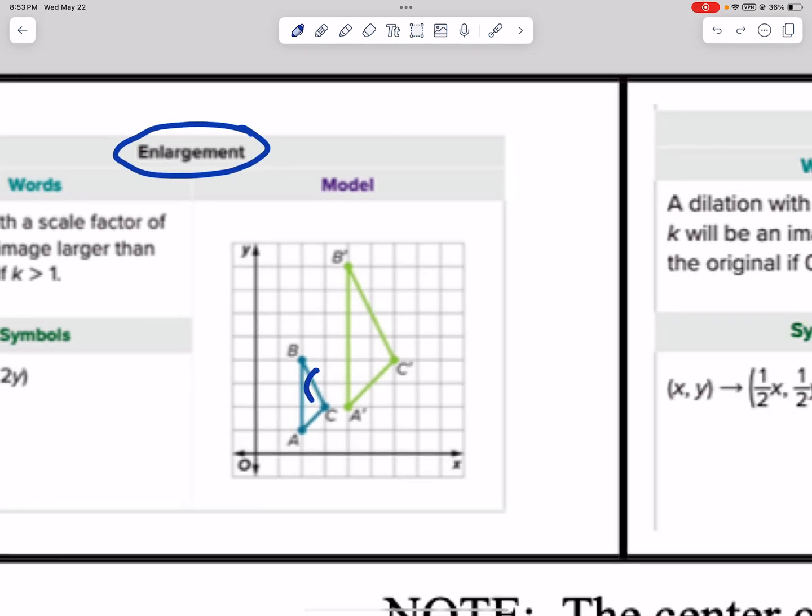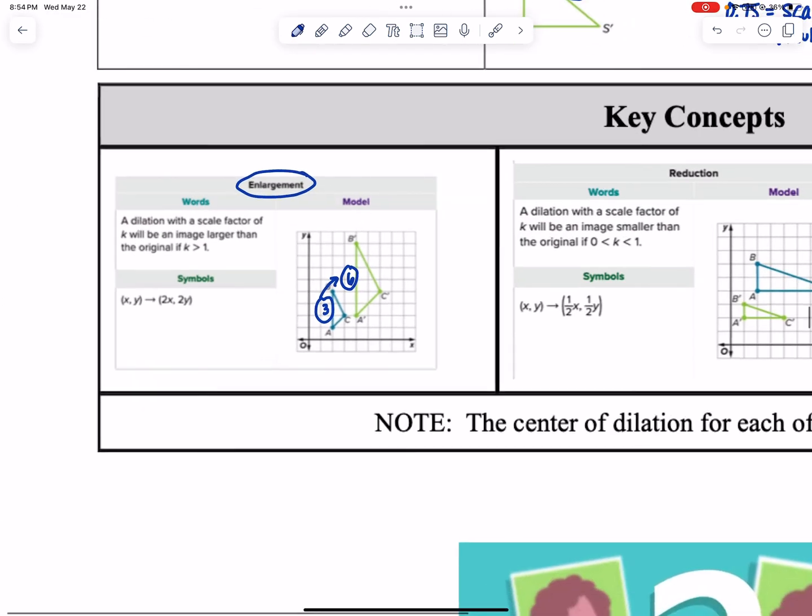Remember, can you count diagonal side lengths? No, you cannot, but you can count straight ones. This side is 3, and this side is 6. So we're going from pre-image to image, from 3 to 6.